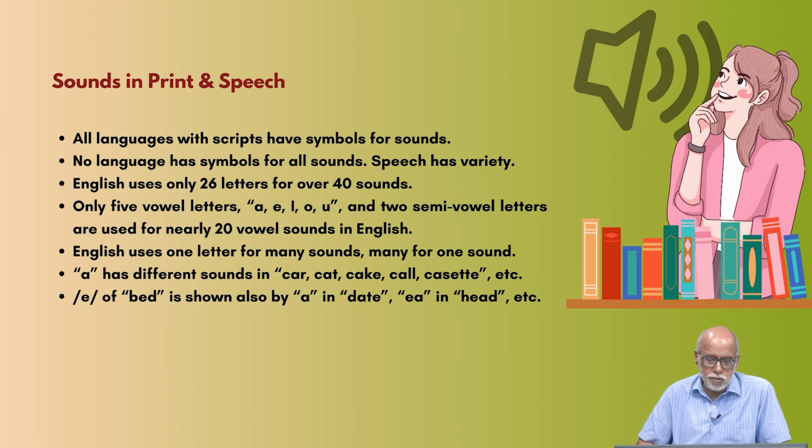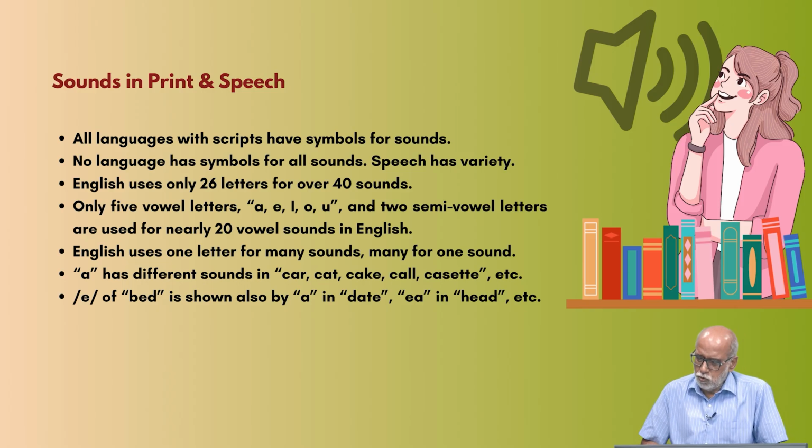So, for example, English has only 5 vowel letters, A, E, I, O, U, and only 2 semi vowel letters, Y and W. They are called semi vowels because they are also used to represent or show consonants. So, with Y you can say yes, or with Y you can say key, you can say pray, you can say day.